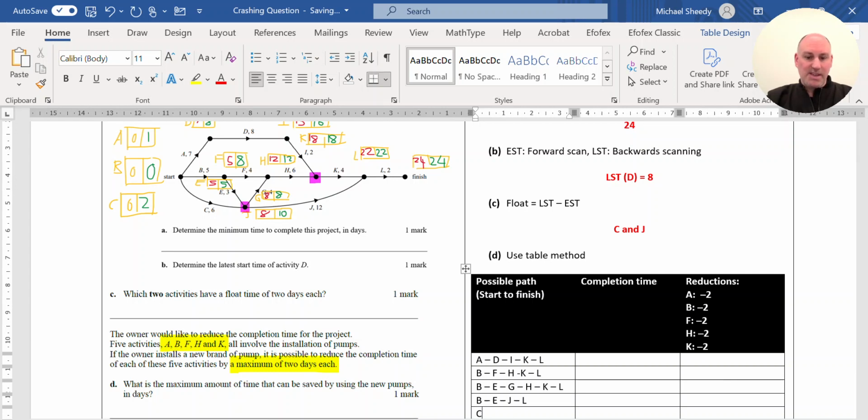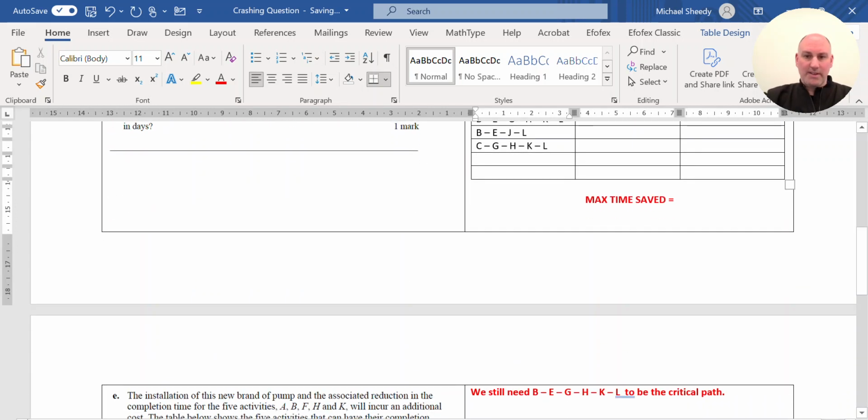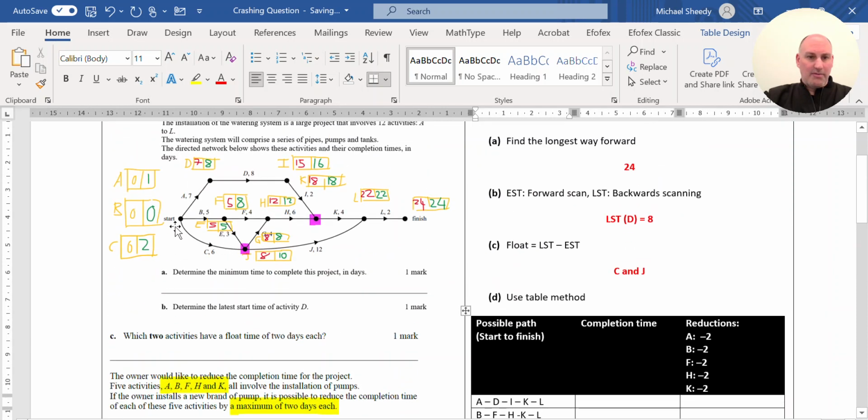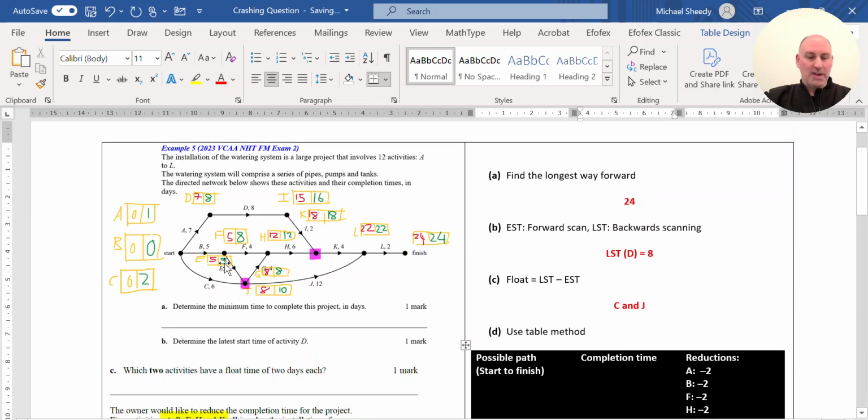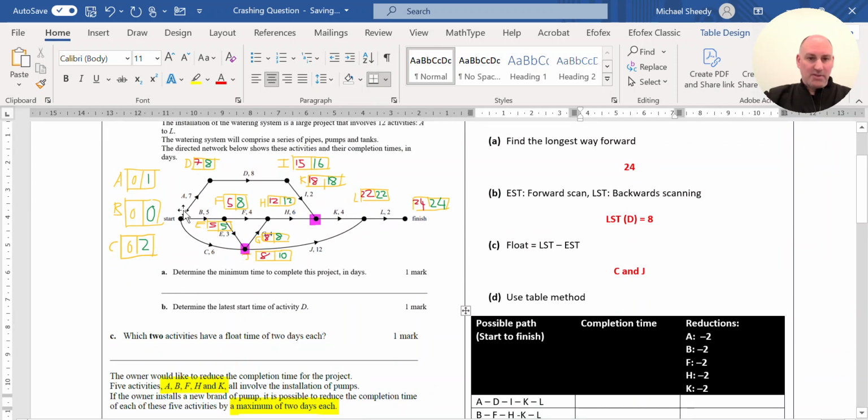We can do C, G, H, K and L, and then finally right around the outside here along the bottom, C, J and L. So C, J and L. So there are 6 paths, 1, 2, 3, 4, 5, 6 paths in total running from the starting vertex to the finishing vertex. 6 different ways we could travel through that network from start to finish.